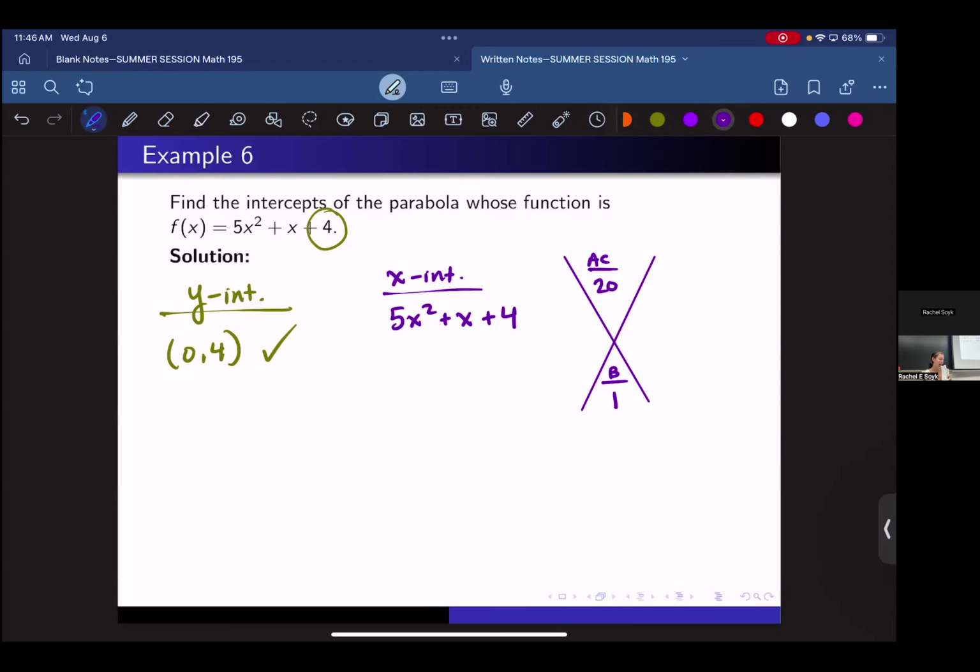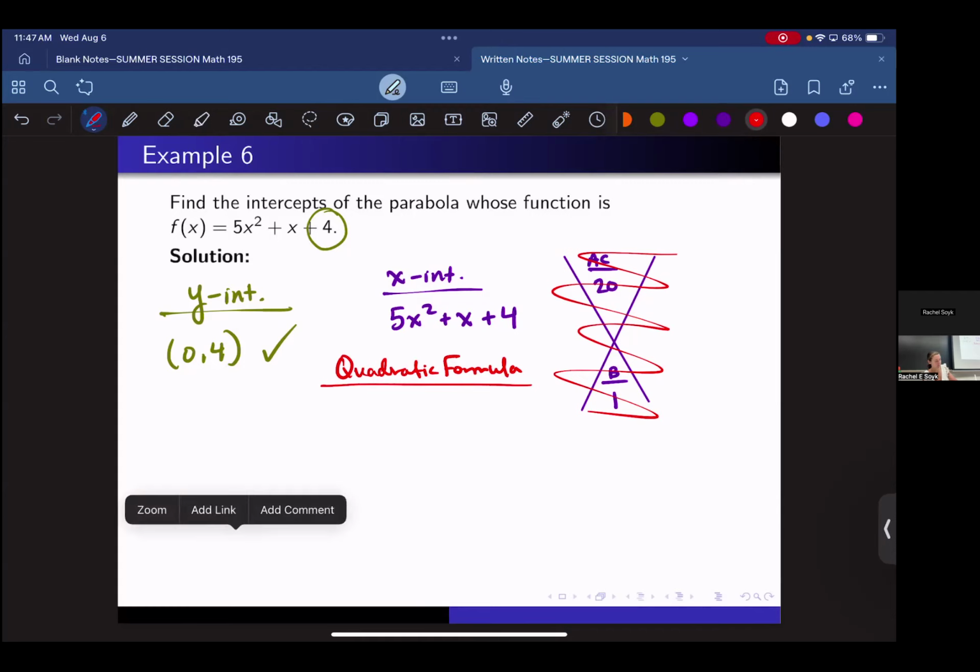Because it would have to be 5 and negative 4, but then that would give you a negative 4. So let's attempt our quadratic formula. I have a feeling it's either going to involve square roots or it's going to be imaginary based off of us learning about discriminants on the previous slide.